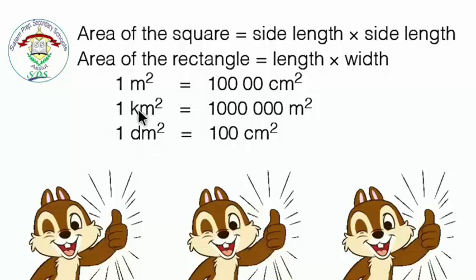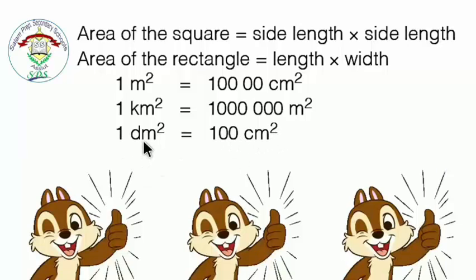1 square kilometer equals 1 million square meter. 1 kilometer equals 1000 meter, so 1 square kilometer equals 1 million square meter. The zeros double: 3 become 6 zeros. 1 square decimeter equals 100 square centimeter.